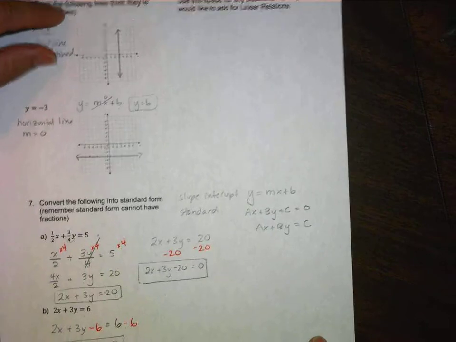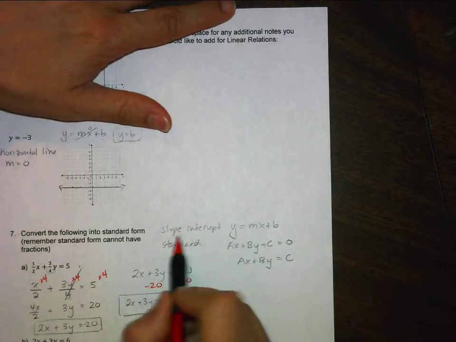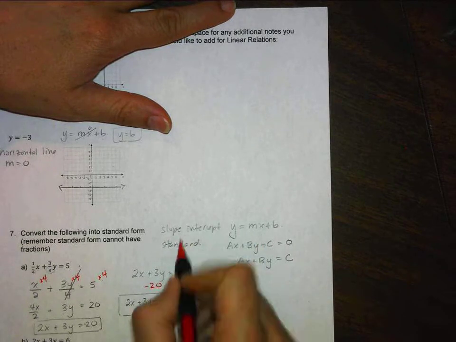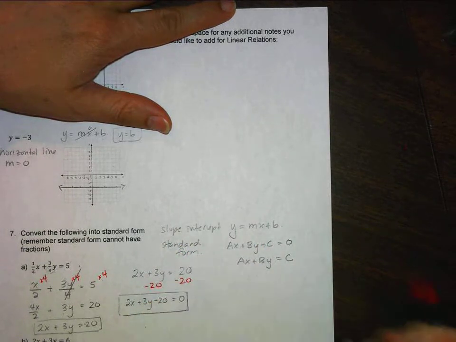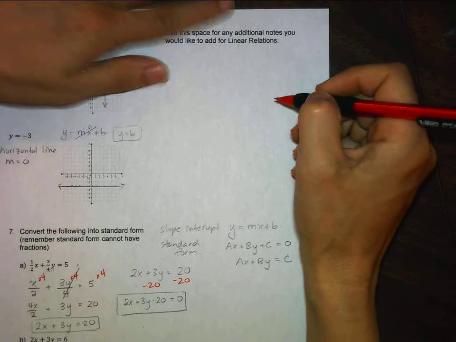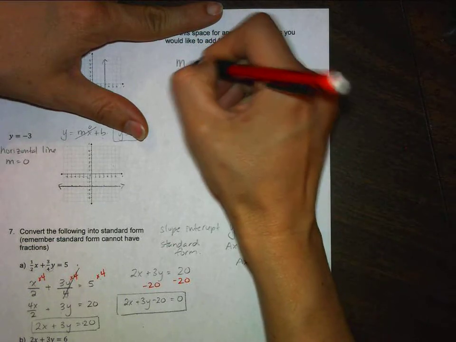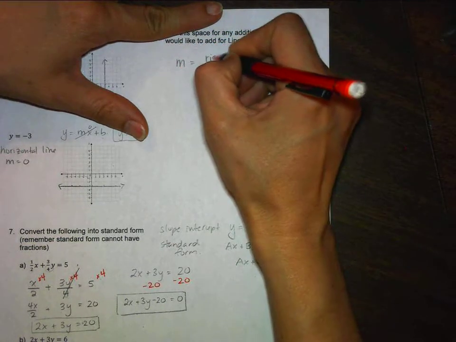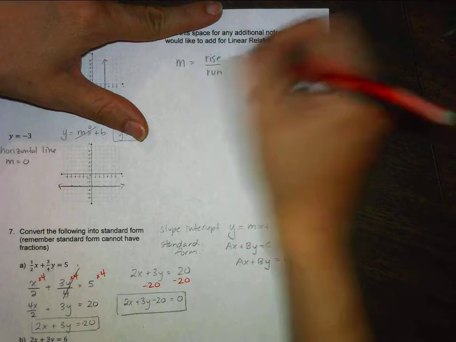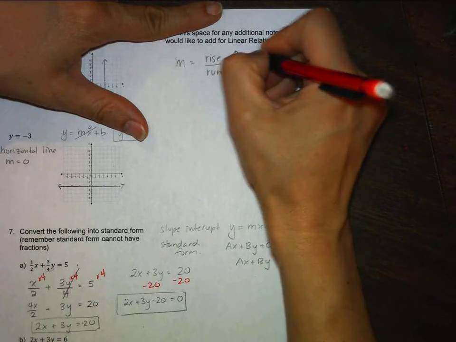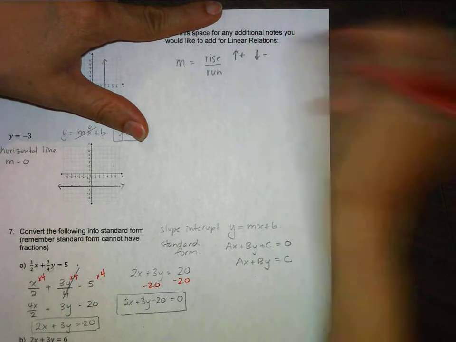Right, so what are some things that we need to remember? Well, I've already written the 2 things here, slope-intercept and our standard form. Slope is equal to rise over run. If it's up, it's positive. If it's down, it's negative.